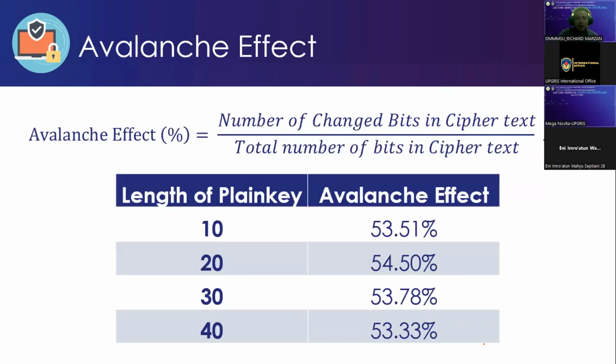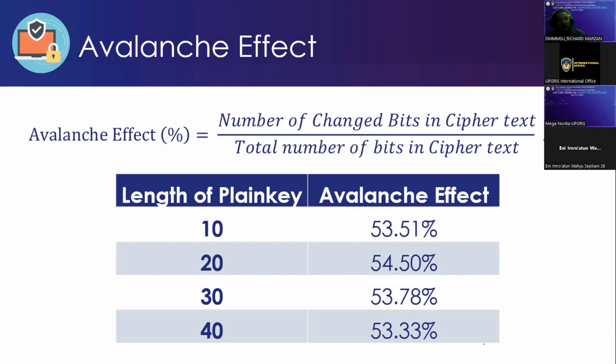Okay. So again, we have to test the secured key. Based from the study, the avalanche effect is one of the best techniques in testing the key, the ciphertext or the encrypted key. It is one of the most effective ways.